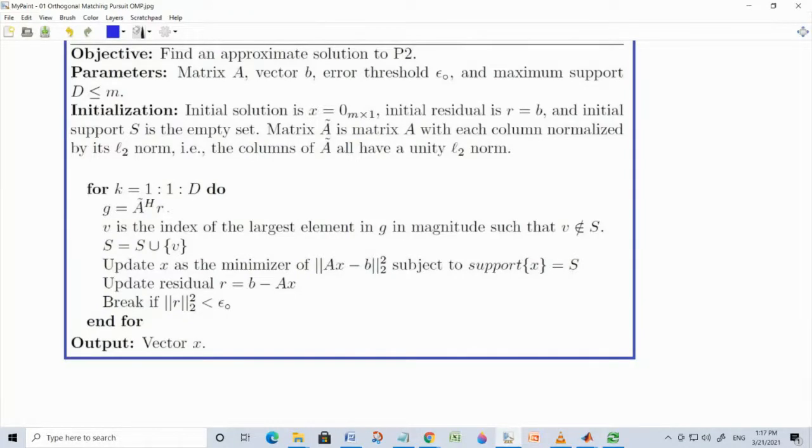The residual vector is updated in each stage by subtracting Ax, and x is chosen to be the minimizer of this quantity. You keep doing this till the residual is below a certain threshold, and you get your vector x.